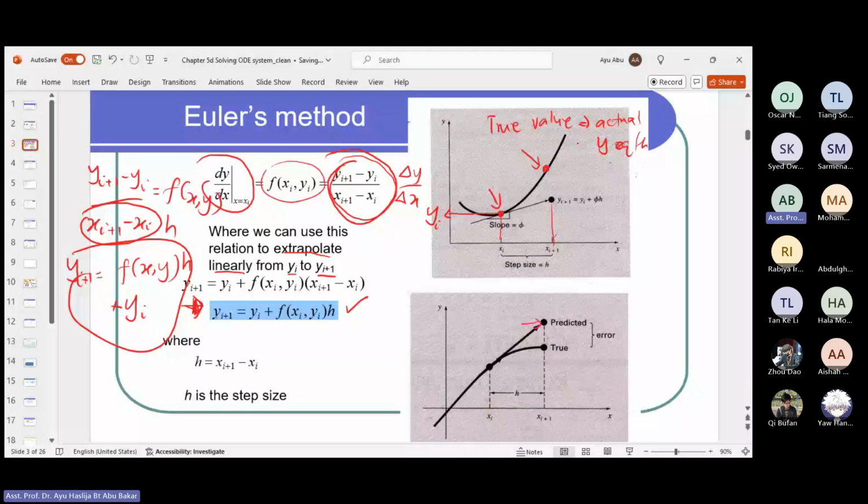Later we do the exercise, then you understand more. In summary, Euler's method is the method to find the predicted point.